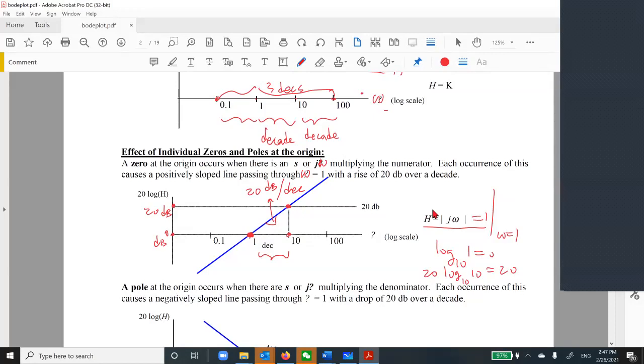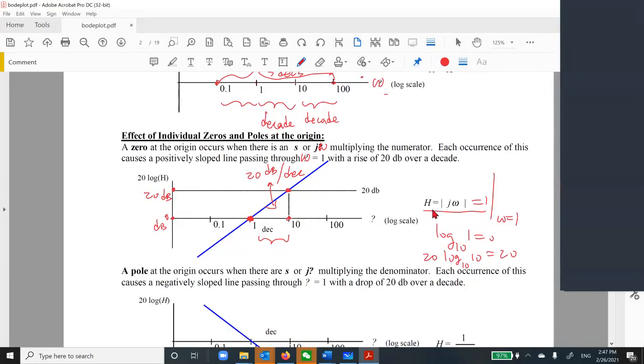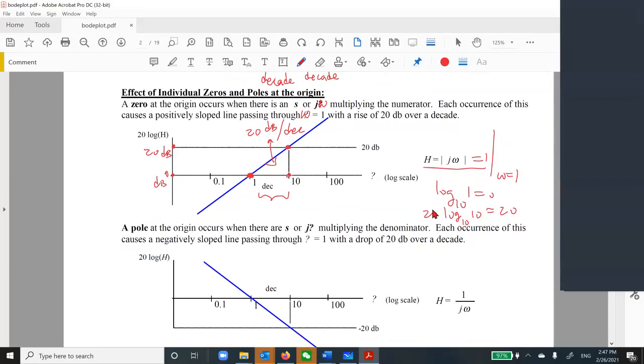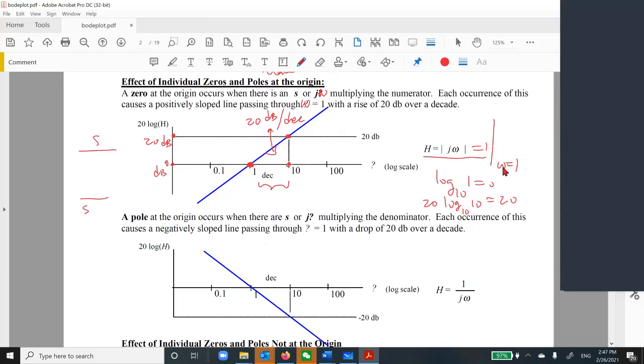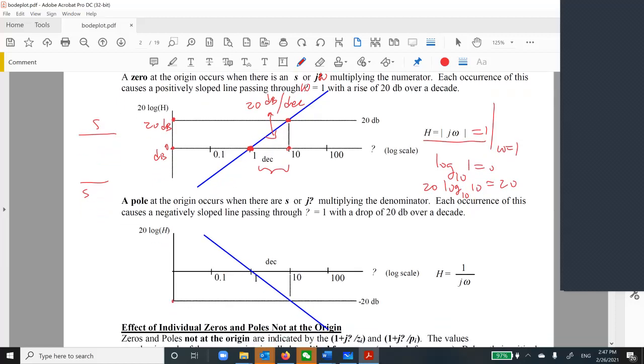This is a zero at the origin, so s is in the numerator. But what if you have s in the denominator, like our case? The same idea applies, but you have negative 20 dB.